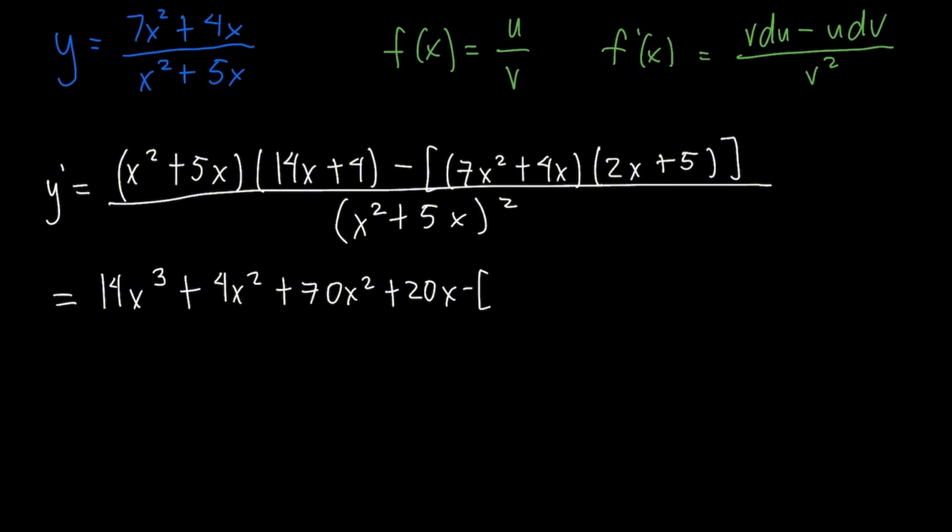Minus, so let's distribute the 7x squared. 7x squared times 2x, that is 14x cubed. Then 7x squared times 5, that is 35x squared.